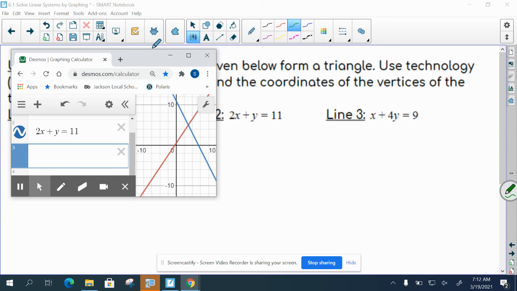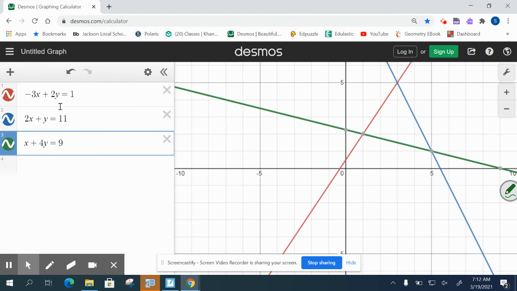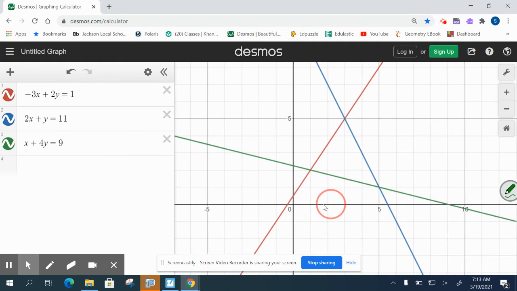Now be careful though, because if you're doing this on your test, I might not give you the Desmos graphing calculator. So you don't want to just rely on your calculator for the graphing. You want to know how to actually plot an equation. Okay, so I put all the equations into Desmos, and then this is the triangle that it's talking about.